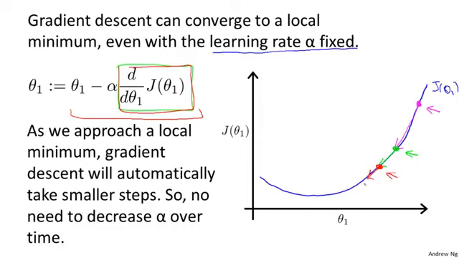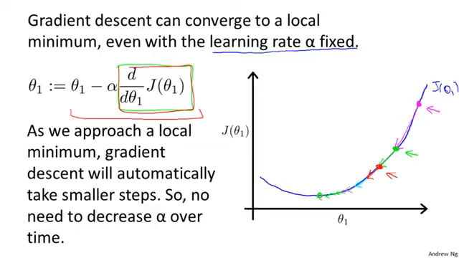So take a small step like so. And as gradient descent runs, you will automatically take smaller and smaller steps until eventually you're taking very small steps, and you finally converge to the local minimum.